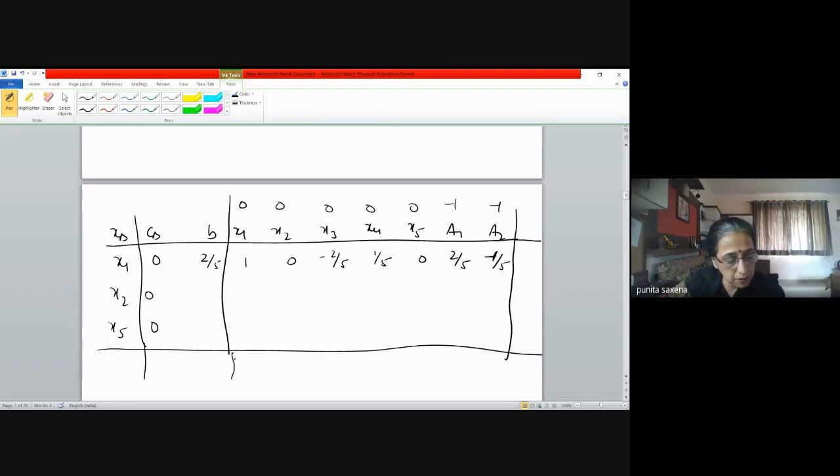Now we have to change R2 and R3. So R2 will be R2 minus 1 by 4 new R1. And R3 will be R3 minus 3 by 4 new R1. Right? So let's have the entries now, if you are ready.